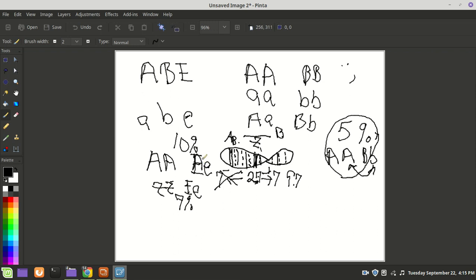You're getting a certain number of this combination that should never exist if everything stayed on the same chromosome. Then you know that things are moving to the other chromosome. You're having this crossing over event, and that's going to help you figure out the distance that these genes are away from each other. And if you have a marker gene that you know where it's at, then you can use that to calculate the distance from your unknown gene.